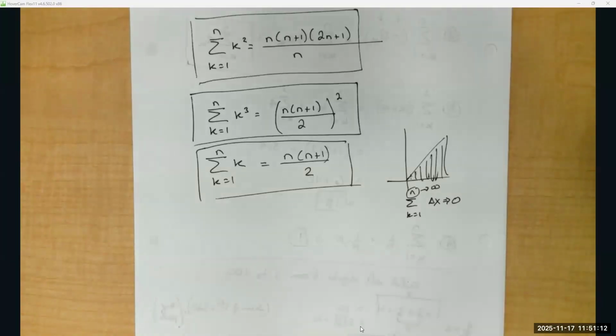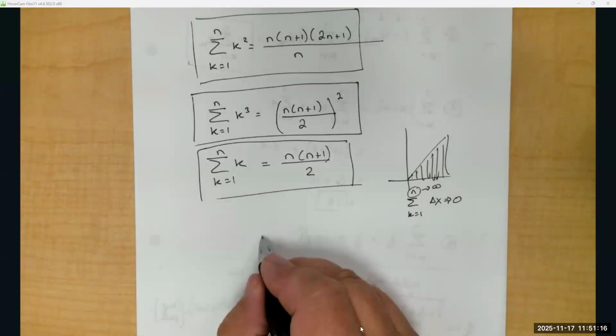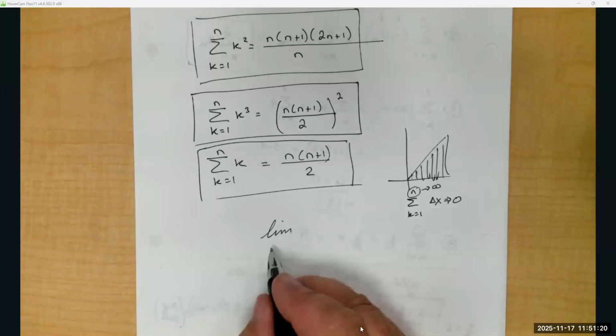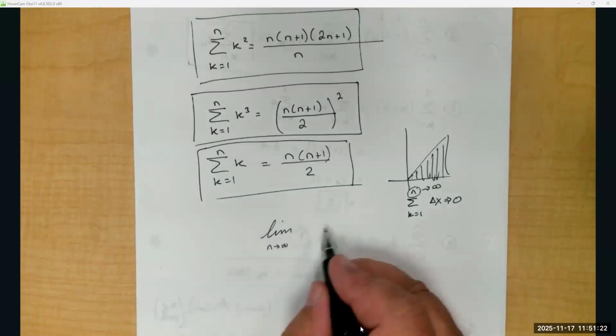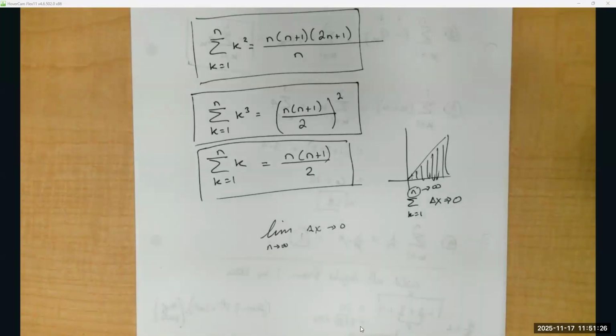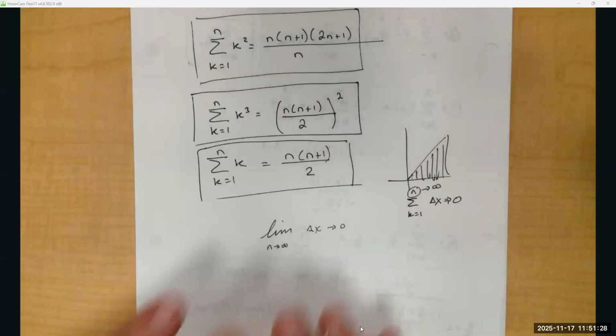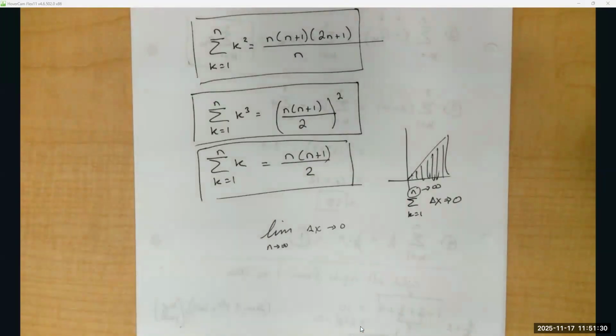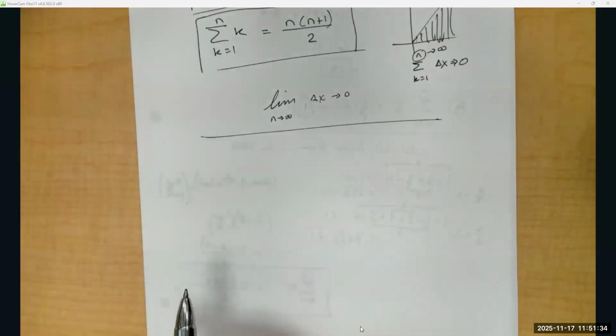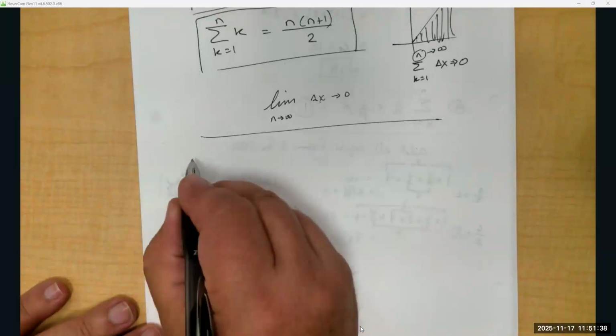Because we're going to put all this stuff together, what we're looking for is we want to discuss the limit. As n goes to infinity, we want delta x to go to 0. This is not the formula of it, but eventually we're going to start putting these two pieces together. And when that happens, we can start solving a lot more problems.